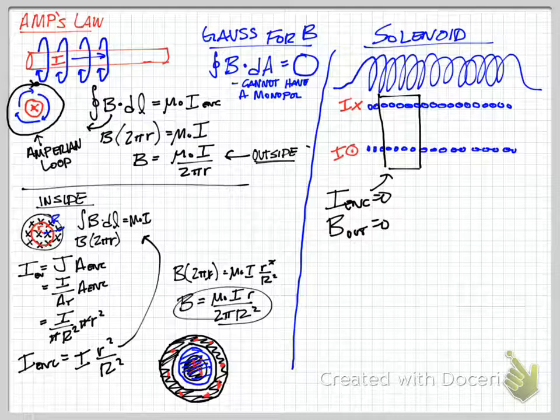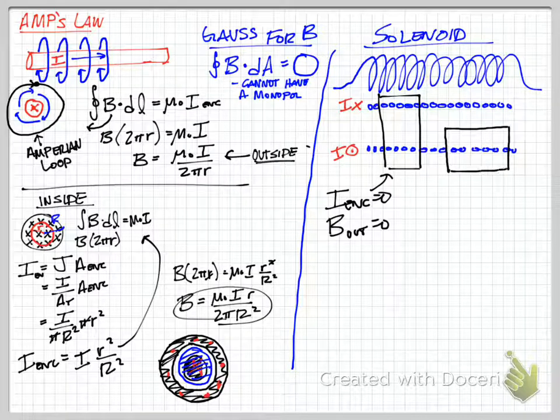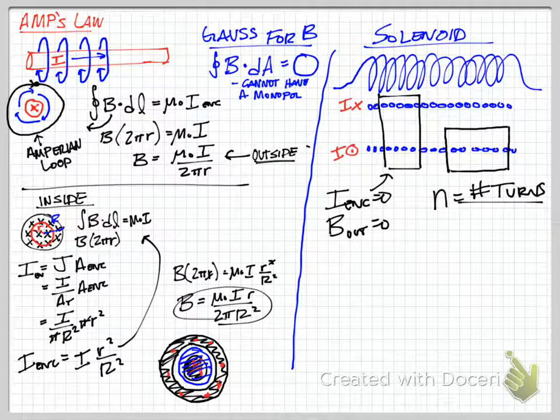So that leaves us with putting an Amperian loop that only covers one part of this. Now, the way that we describe a solenoid, we talk about n, the number of turns per unit length. That's going to become important when we talk about how much current we have.